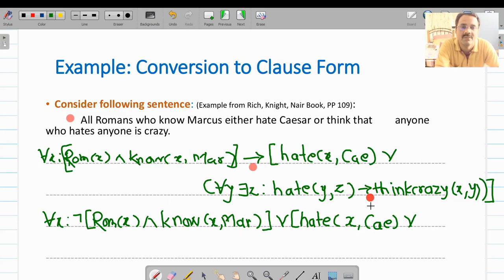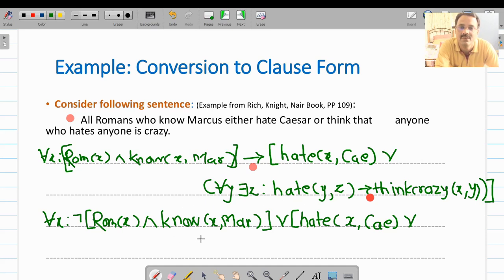Now we will remove the second implication: not of the left hand side or the right hand side as it is. But while doing this, the scope of y is throughout this, so keep it outside, and there exists z is associated with hate. So not applies before there exists z.